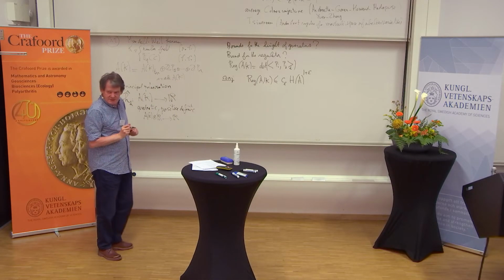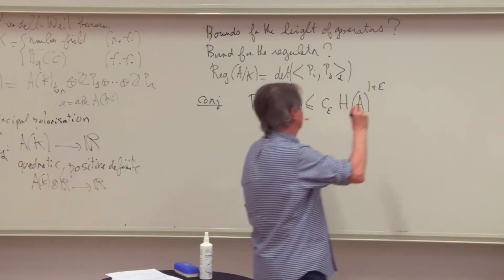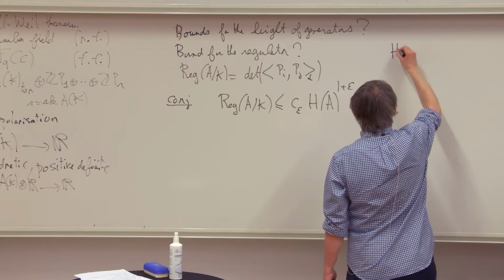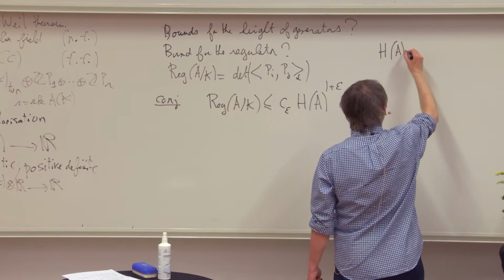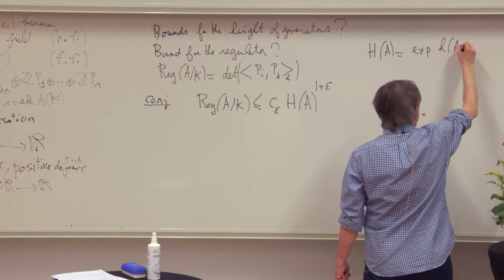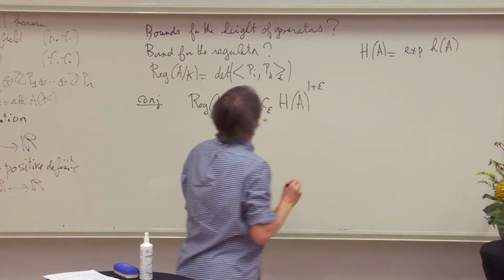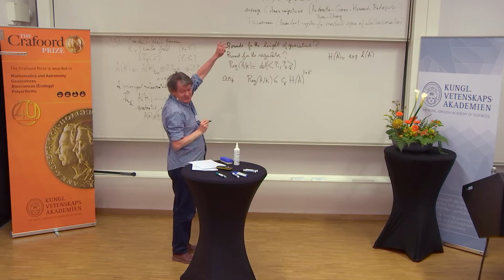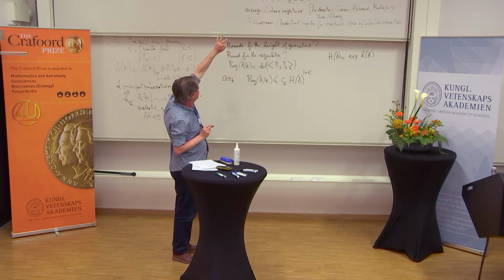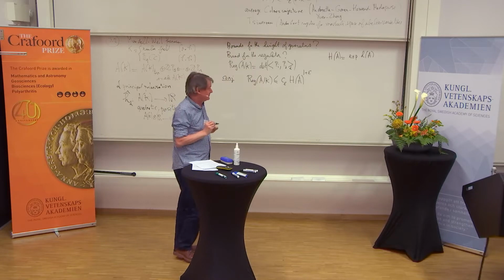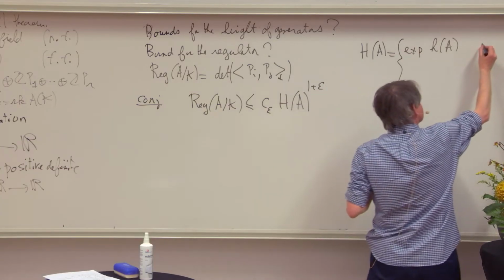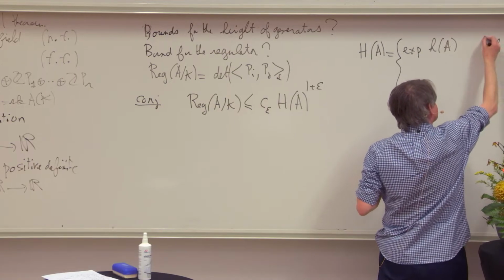So what is this capital H? In the number field case, it's the exponential of the height of A. I'm sorry, I have not defined the Faltings height, but that would be a bit too long. It's something like the height of the j-invariant for elliptic curves. That's for the number field case.